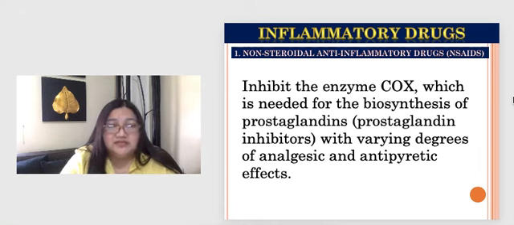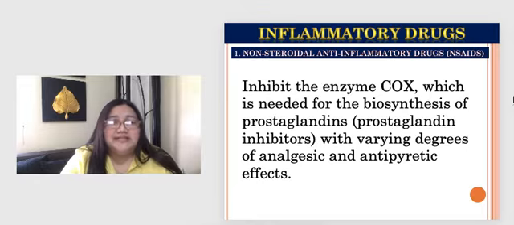This synthesis of prostaglandin kasi causes inflammation and pain. So, if you inhibit prostaglandin synthesis, you also inhibit the inflammation or the inflammatory process. Plus, again, it can also control fever and pain, kaya analgesic and antipyretic effects.